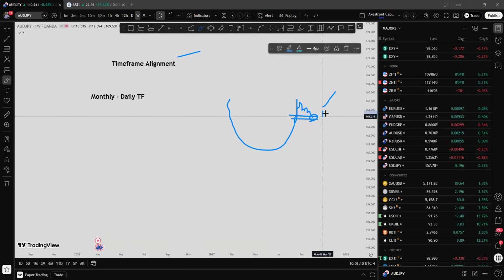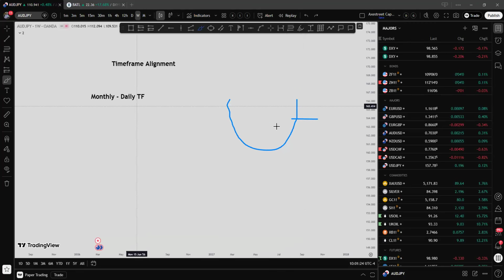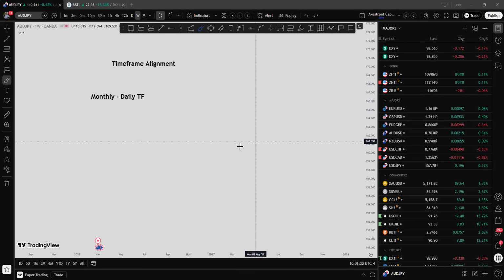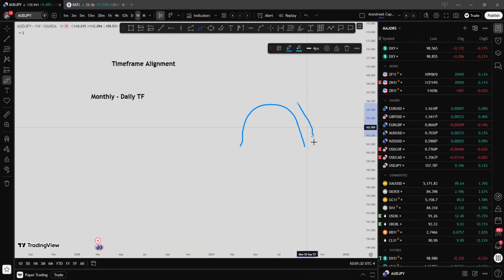We'll go into the 1 hour time frame and we will find ourselves a good execution within one of the two kill zones, which would likely be the London and New York session kill zone. We'll get into more details in just a minute, but I'm just trying to explain that you've identified the monthly buy side of the curve, or it could potentially even be the monthly sell side of the curve.